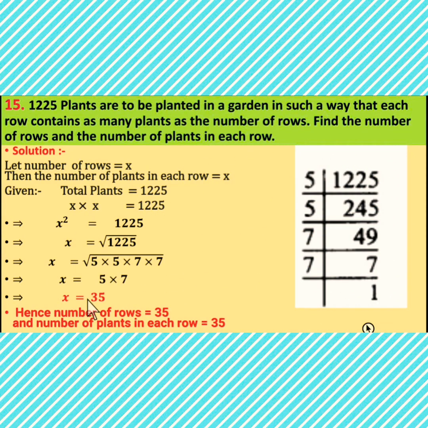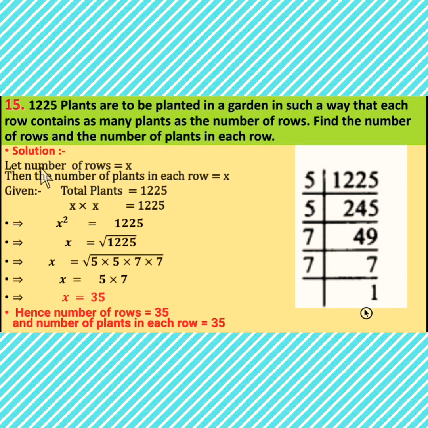Next is question 15. 1225 plants are to be planted in a garden in such a way that each row contains as many plants as the number of rows. What is the meaning of this? The total number of plants is 1225, and they are planted so that the number of rows and the number of plants in each row are equal. Then find the number of rows and the number of plants in each row.